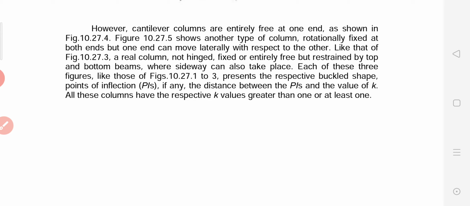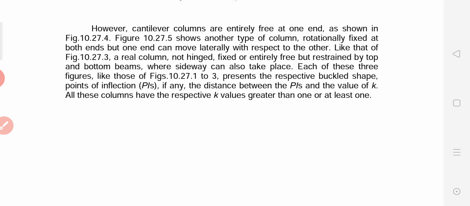Another type of column is rotationally fixed at both ends, but one end can move laterally with respect to the other, like a real column, not hinged, fixed or entirely free but restrained by top and bottom beams, where sideway can also take place.